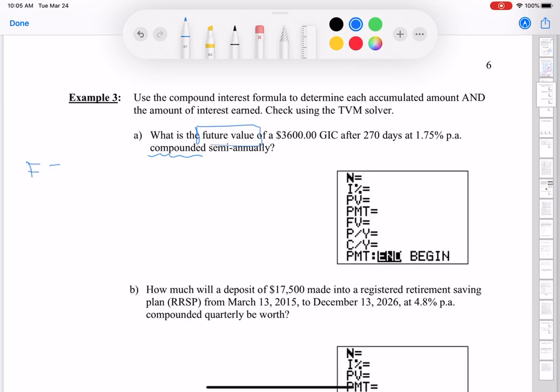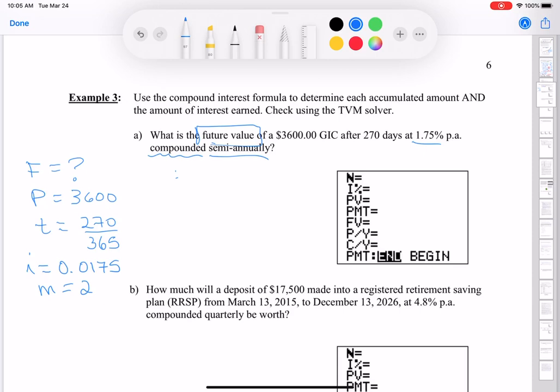I'm starting with a present value of $3,600. My time is 270 days, and I need to turn that into years, so I'm going to divide that by 365. Our interest rate is 1.75, so I'm going to turn that into a decimal by dividing by 100, and we are compounding semi-annually, so m is equal to 2.